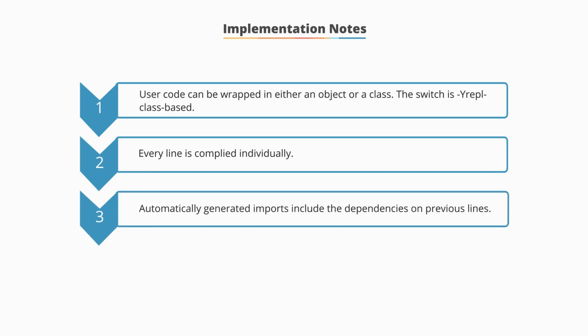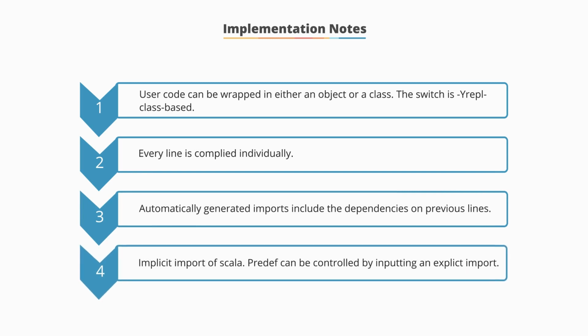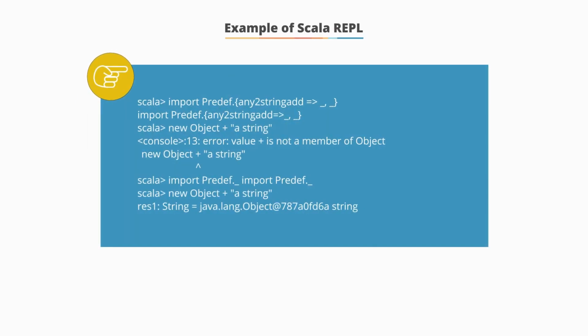Automatically generates imports includes the dependencies on previous lines. And implicit import of scala.Predef can be controlled by inputting an explicit import. On this screen, we see an example of Scala REPL, which imports Predef to add an object to a string.